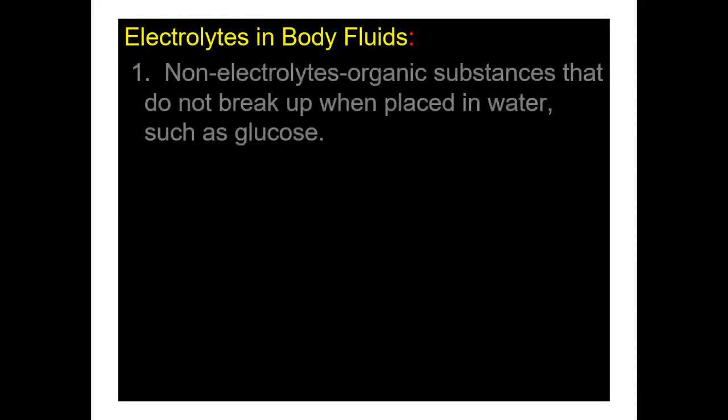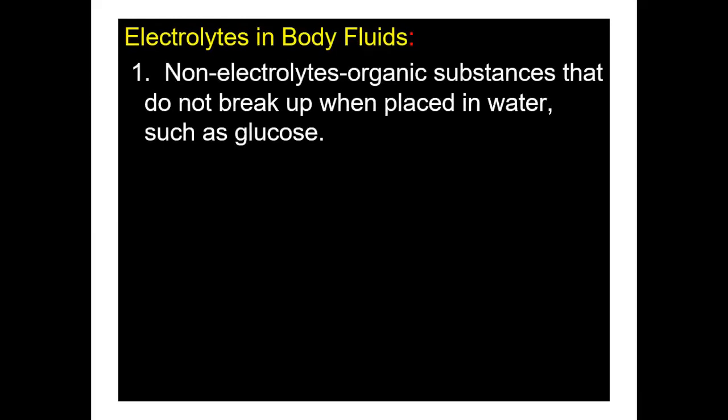So electrolytes and body fluids: number one, you have non-electrolyte organic substances that do not break up when placed in water, such as glucose. That's in our body. But then you have substances that do break up in water. These are the electrolytes. For example, sodium chloride, the amount of sodium, the amount of potassium.